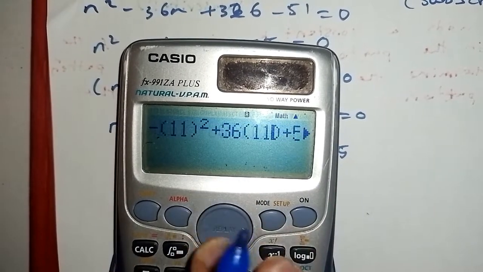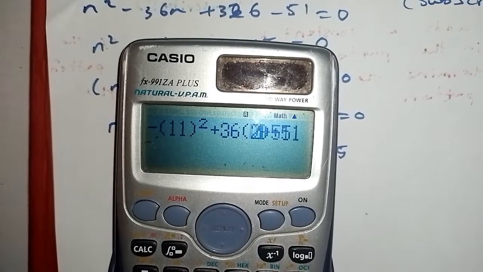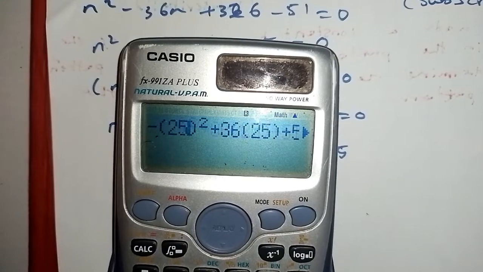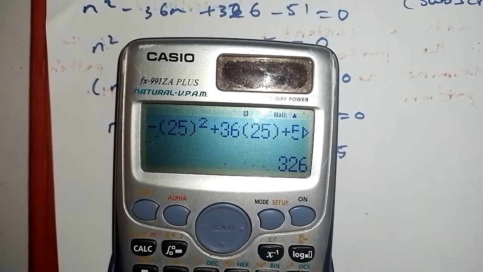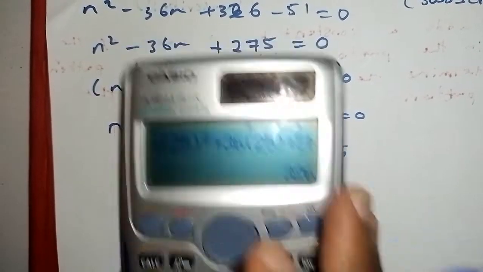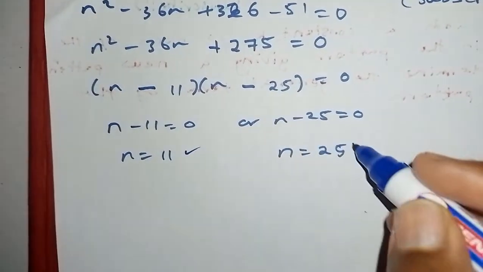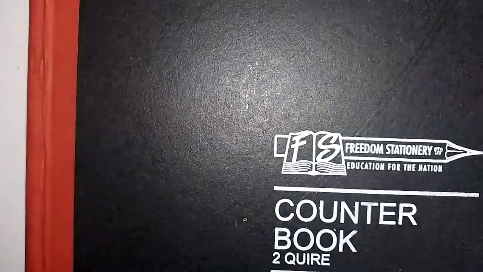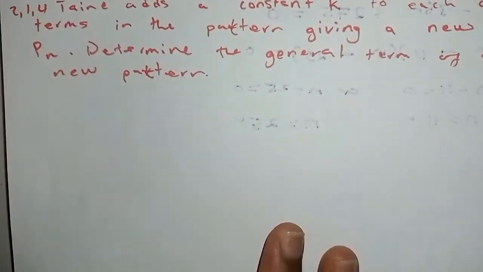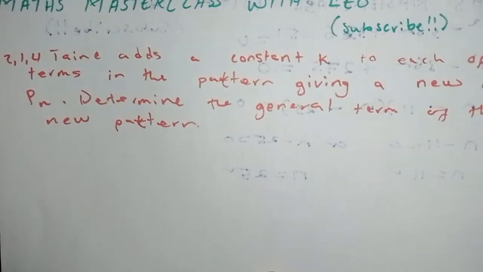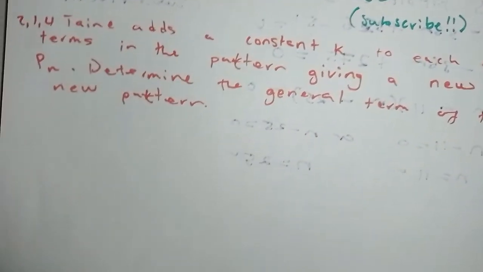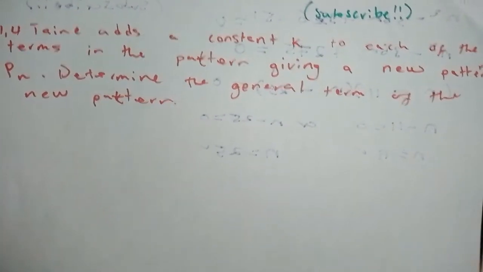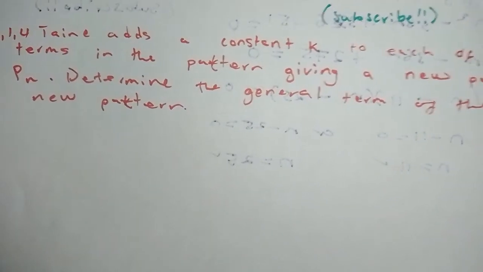Okay, let's check 25. It's also giving us 326. See, both of our answers are valid. Then let's go to the next question. It's here. This question is not difficult. It's not tricky as well. I was going to say it's tricky, but it's not.